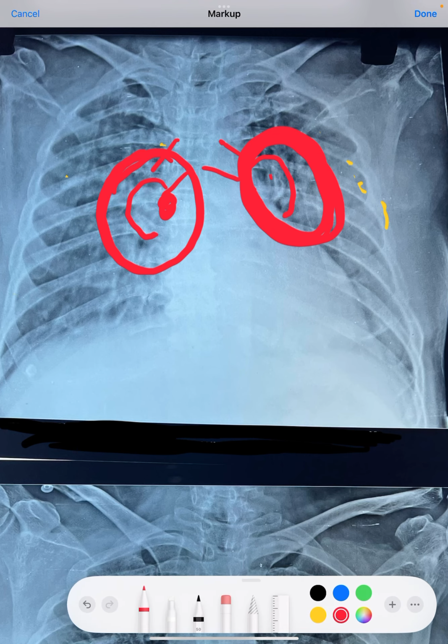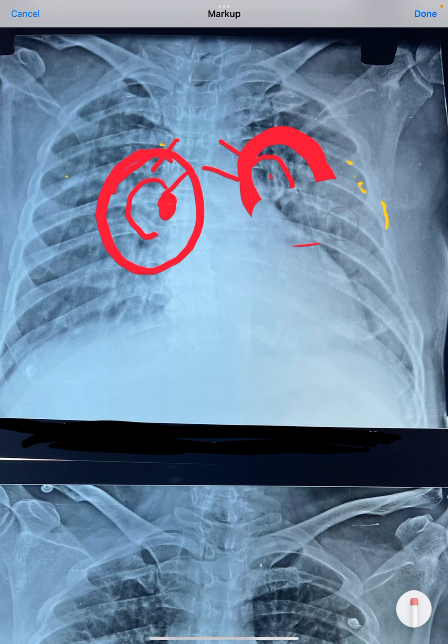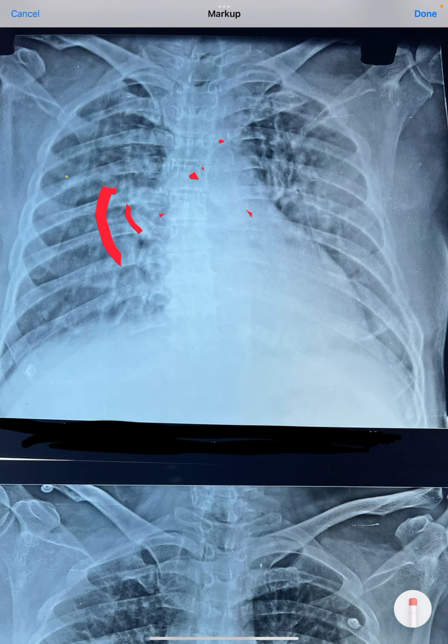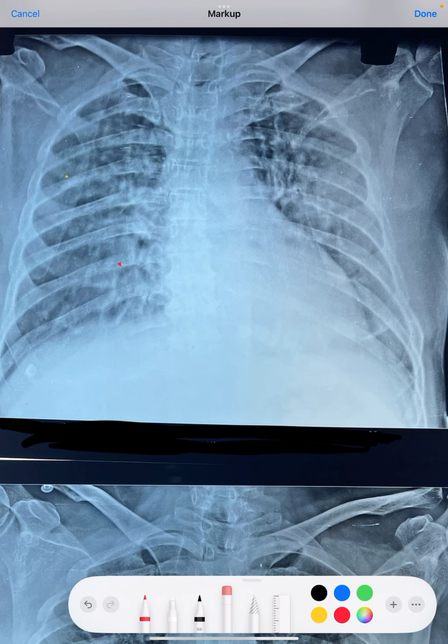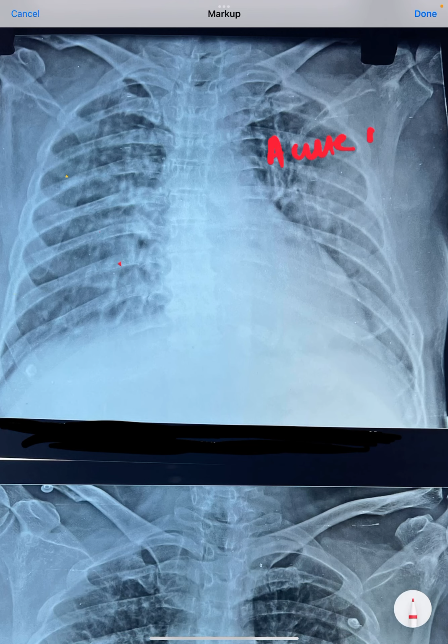And the typical feature of pulmonary edema is bilateral perihilar congestion, or bilateral perihilar involvement, haziness or radio-opacity, which suggests pulmonary edema and which suggests that the patient has acute LVF.